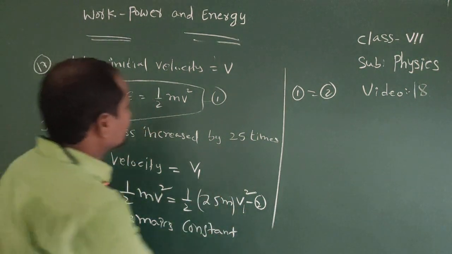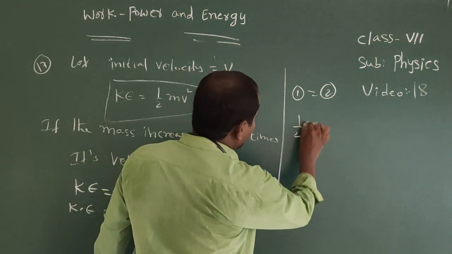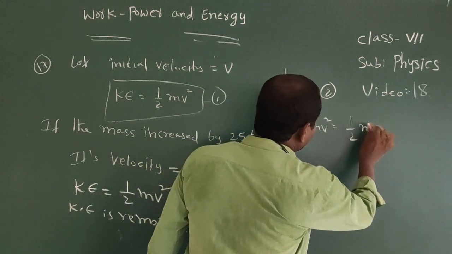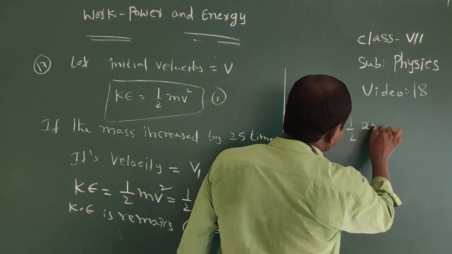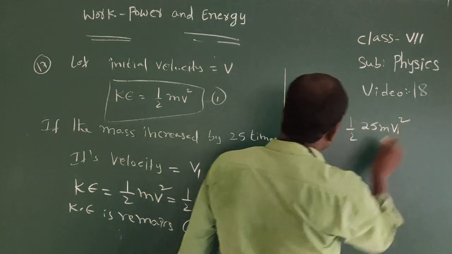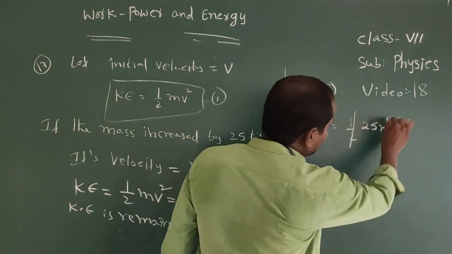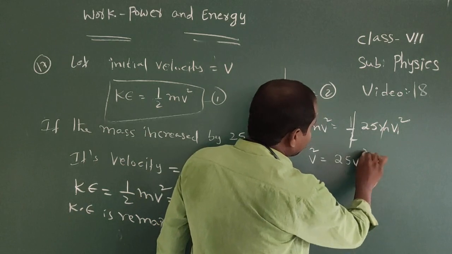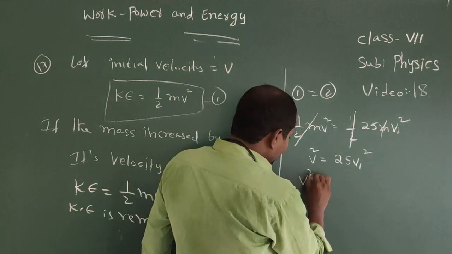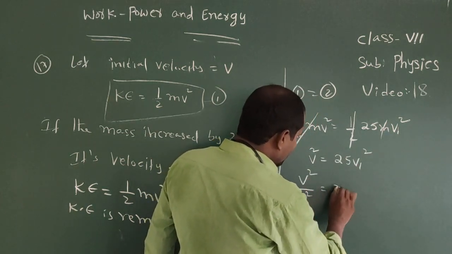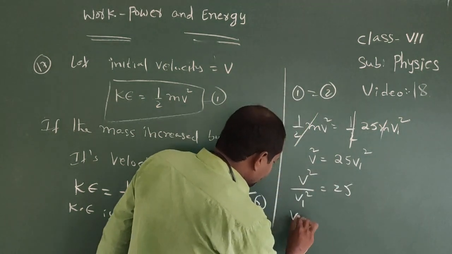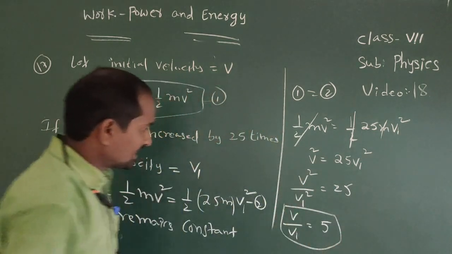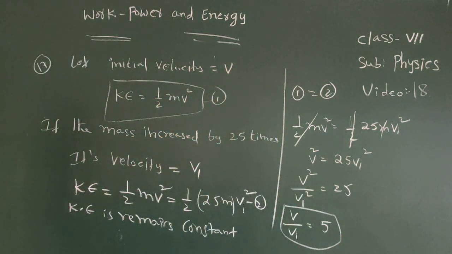Half M gets cancelled, so V square equals 25 V1 square. So V square by V1 square equals 25. Therefore V by V1 equals 5.